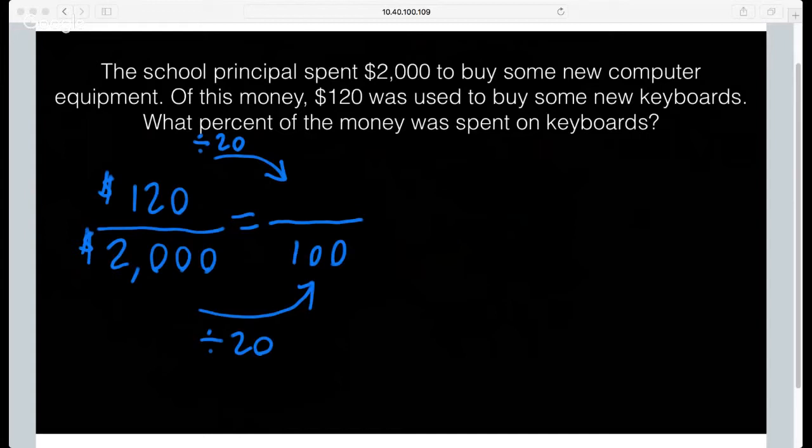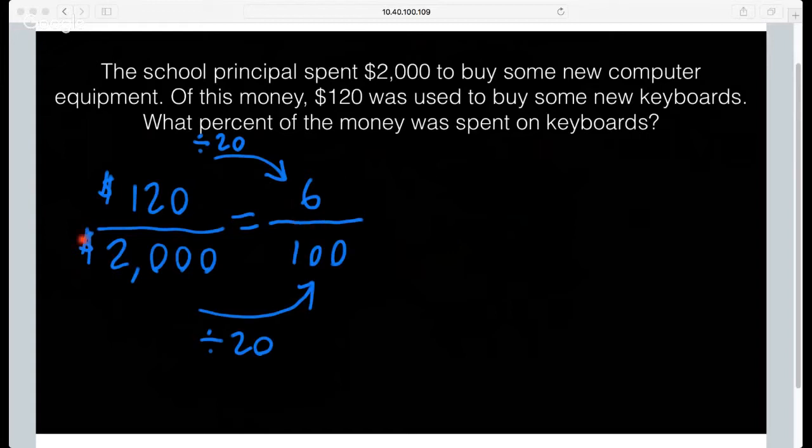So 120 divided by 20 would be, let's see, there's 120 right there, 1, and then that would leave us with 100, which would be 5 20s. So that's 6 20s. So 6. And let me check. 6 times 2 is 12 times 10. Yeah, 120. $120 spent out of a whole of 2,000 is equivalent to 6 parts out of 100, or 6%.